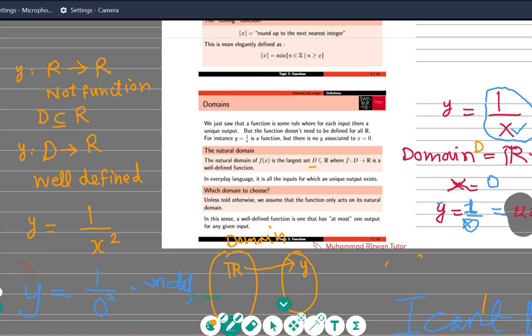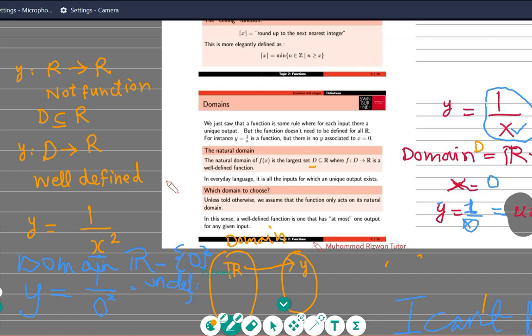Which x values can you take? Domain is equal to all real numbers except 0. 0 is also a real number, but you cannot take 0. Real minus 0.